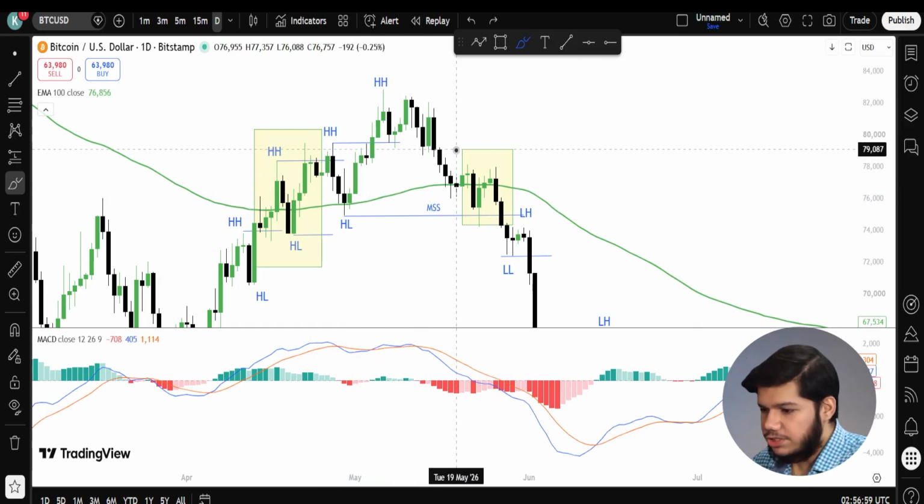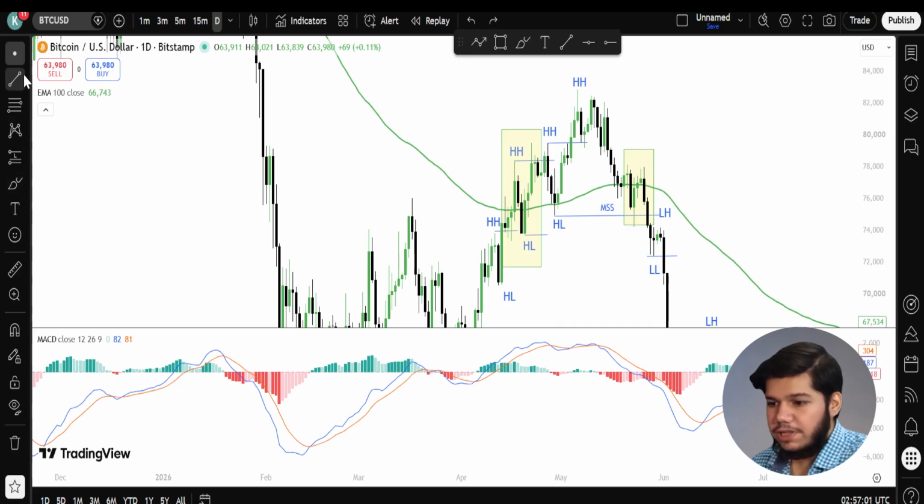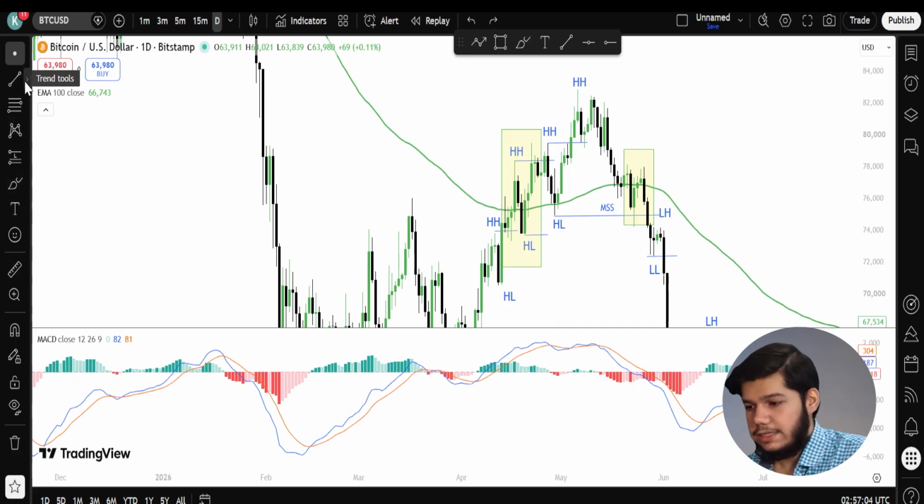So eventually, guys, it's only you versus you, how you are going to utilize price action and indicators combined side by side to make your trading approach much better.